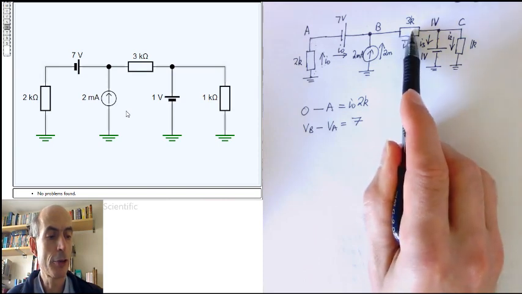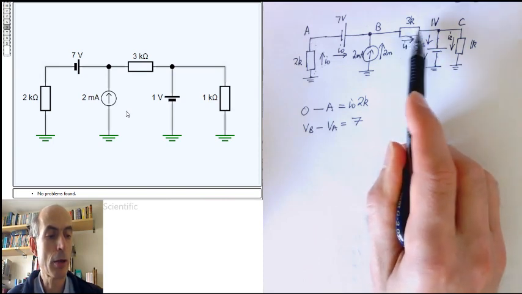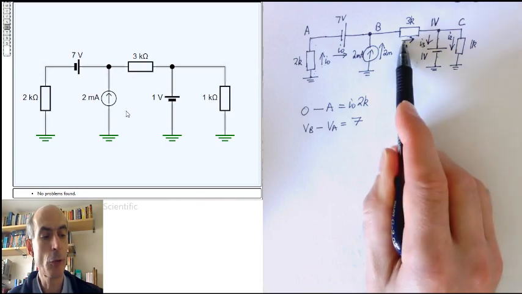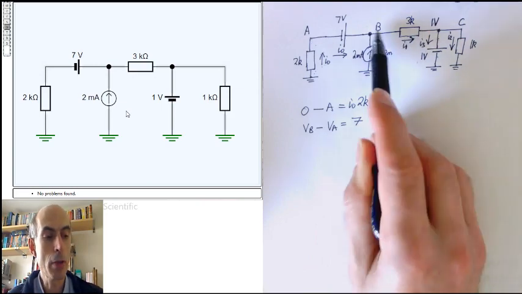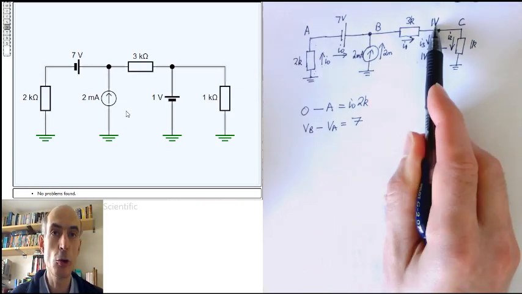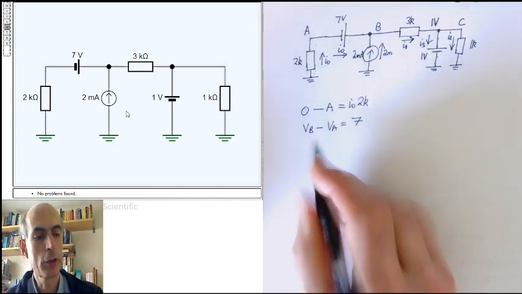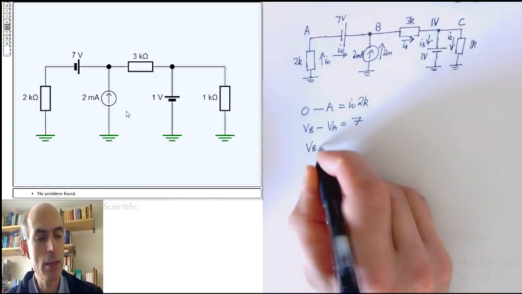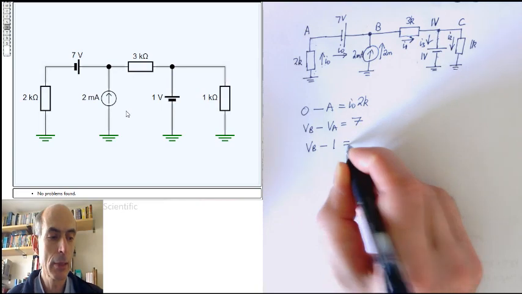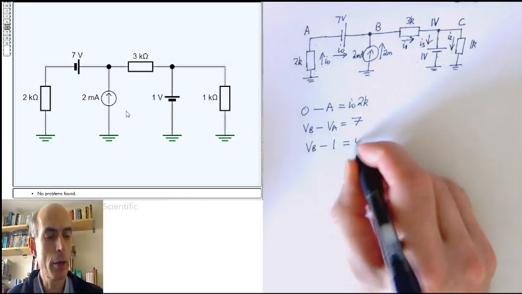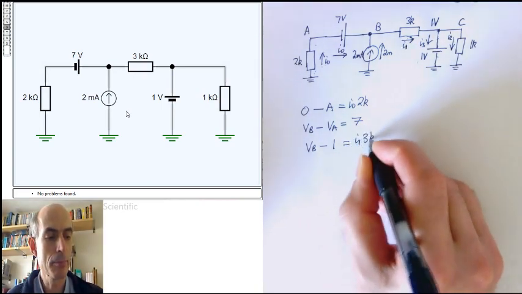This resistor here gets Ohm's law applied to it as well. The current is going in this direction from node B to a node at 1 volt. So I could just write that as VB minus 1 is equal to I1 times 3K.